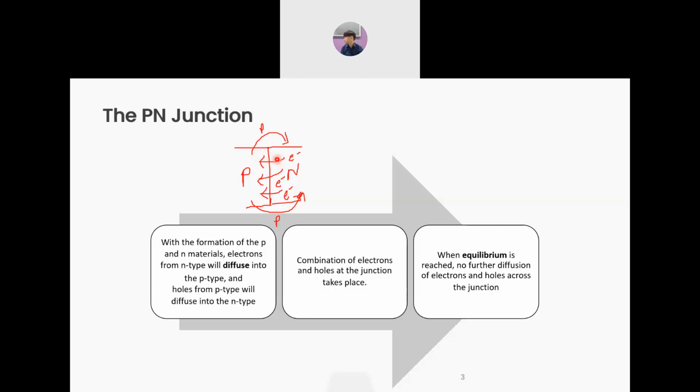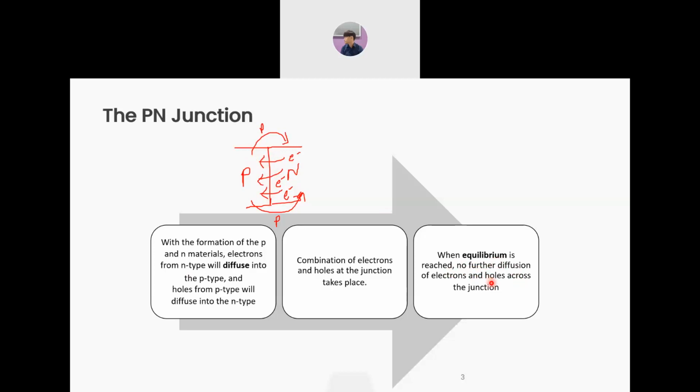When equilibrium is reached, there is no further diffusion of electrons and holes across the junction. The movement of electrons and holes will be stopped when the equilibrium has been reached. When equilibrium has been reached, you no longer have diffusion.